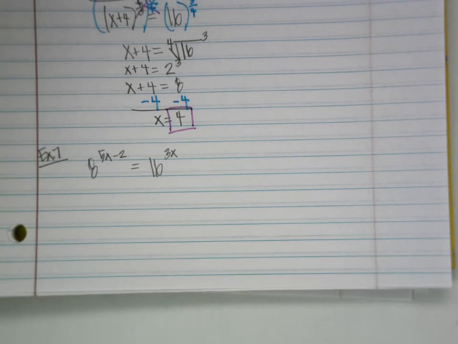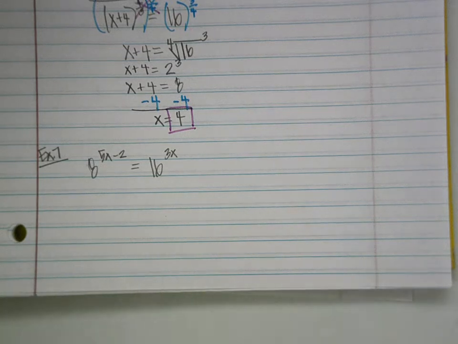Can these both be written as base 8? No. Can they be written as base 4? No. Okay? You have to be thinking of exponents. 4 does go into both of these, 8 goes into both of these, but you can't write them as an exponent. So what base do they really have in common?